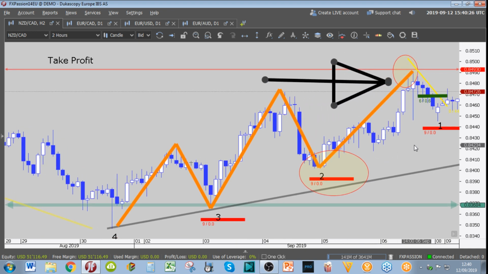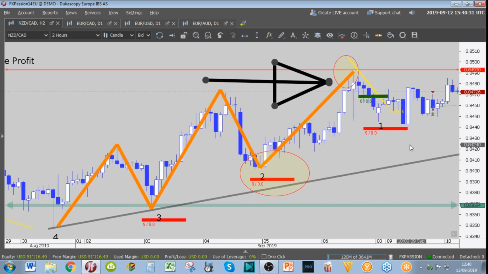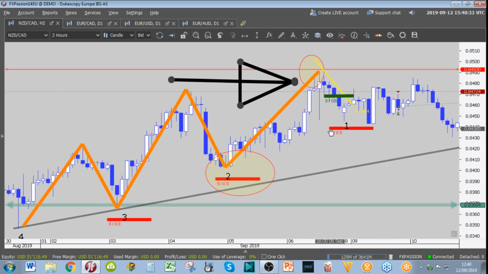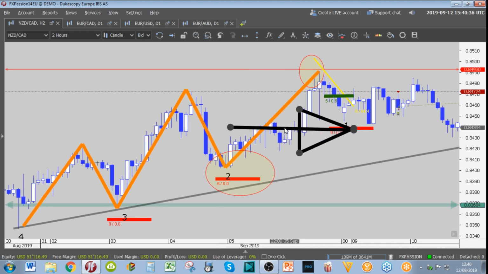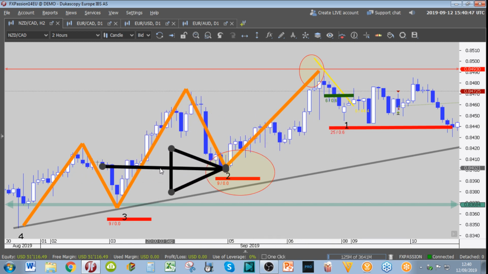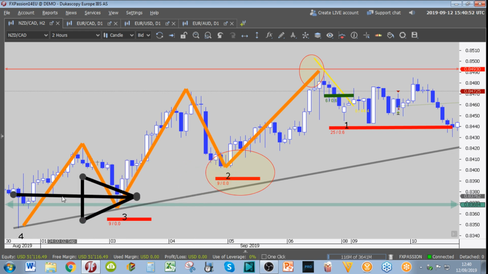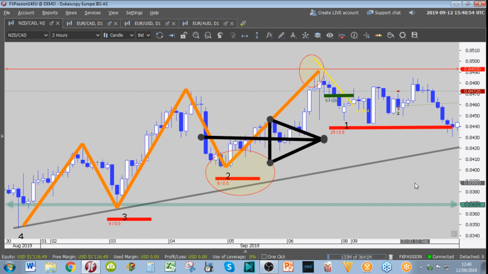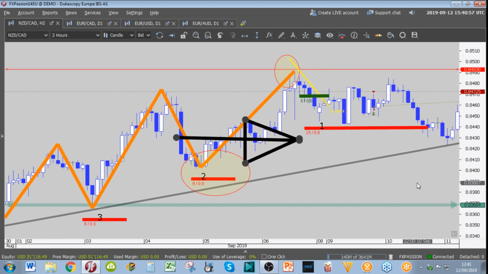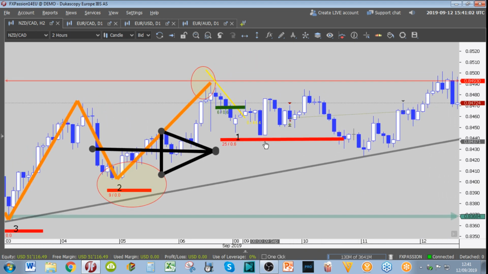So let's see what is happening. Going sideways, moving up, moving down. See? Stop loss number 1, the market hit. If this would be your stop loss, you are out. So the most logical place is number 2. I will go with number 3. Great answer. Why not? So let's see. The market is falling, moving sideways, going back up.